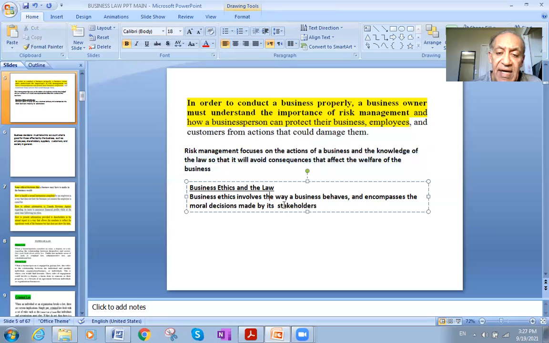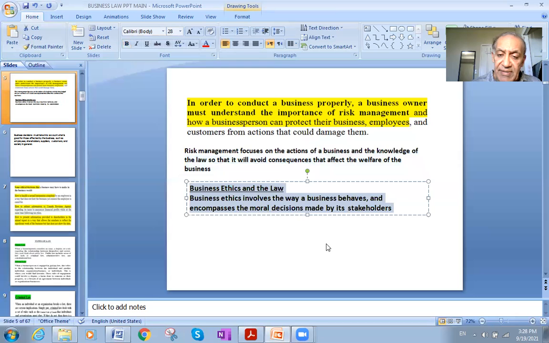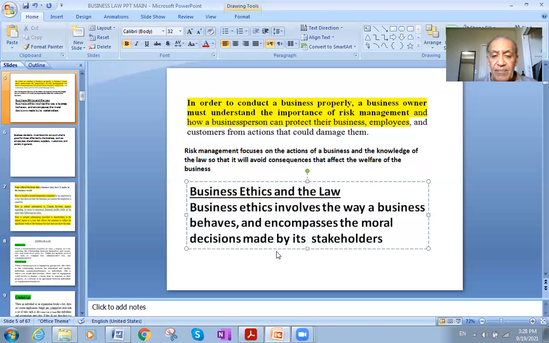Business ethics and the law. So what is business ethics and what is the law? This is a very important point. Business ethics involves the way a business behaves and encompasses the moral decisions made by stakeholders. You cannot separate the law and ethics, because most of the law rules are created or based upon ethical rules.